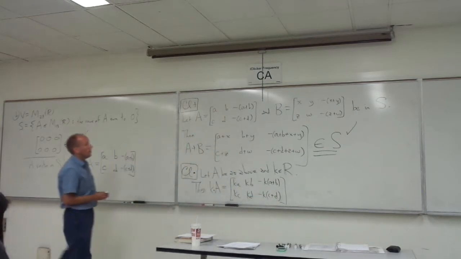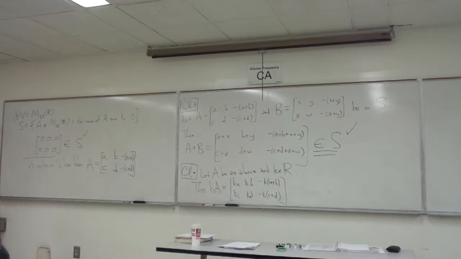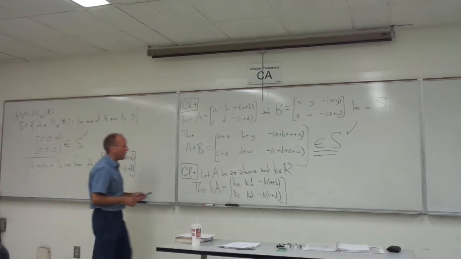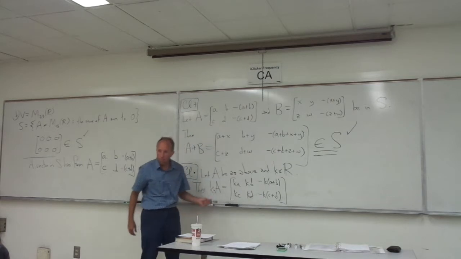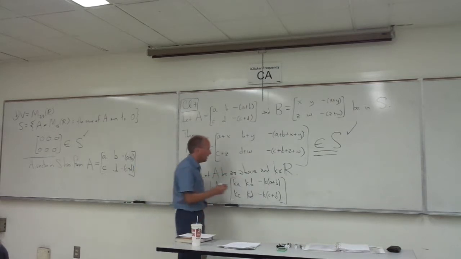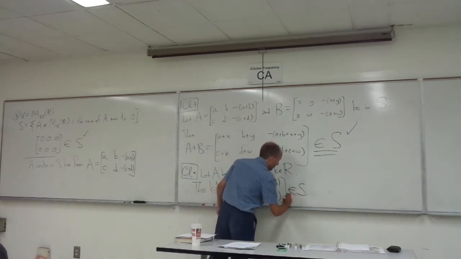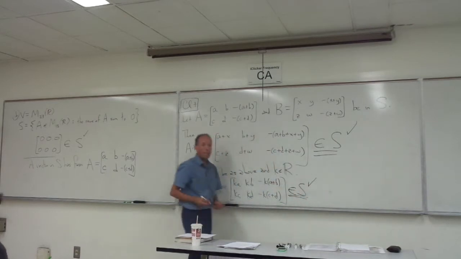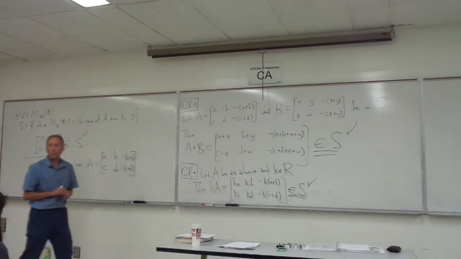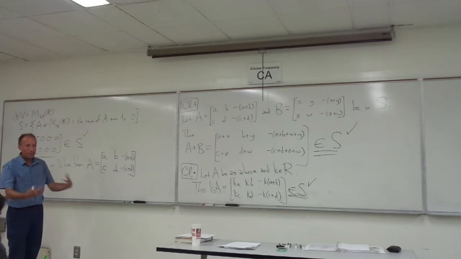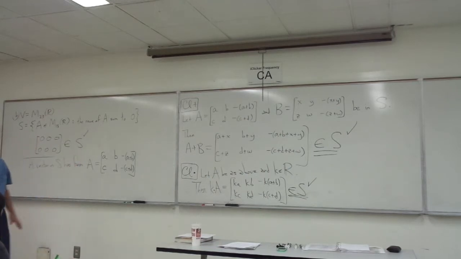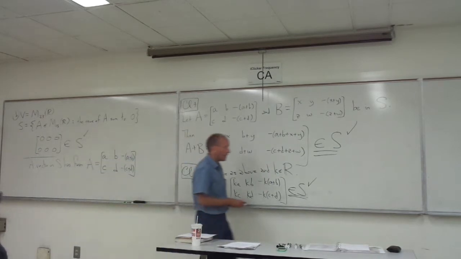And again, we just have to look at that result and say, do the rows add up to 0? If you can mentally convince yourself of that, then you would just say element of S. You have to say that and put a check mark there. Please try and format it consistent with the way I'm doing it here. I don't want people just doing their own thing because I can't read your mind.